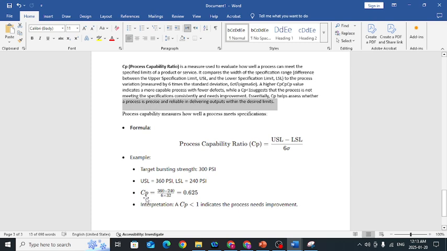So the process capability is 360 minus 240 divided by 6, which is the constant, multiplied by a standard deviation. In this example, the standard deviation, for example, is 32.